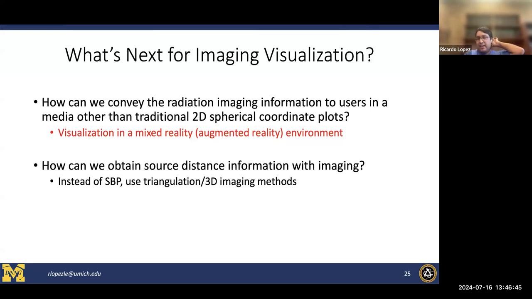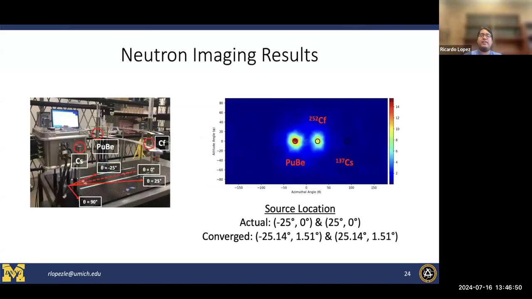And then on top of that, one of the other caveats with, say, this kind of image is that just based on the image that you see, you really don't get a sense for source-to-detector distance. You may have an idea of where a source may be in angular space, or in what angular direction it may be relative to your system, but you don't necessarily know how far away, which in a search scenario or a safety-oriented scenario is very important to know.